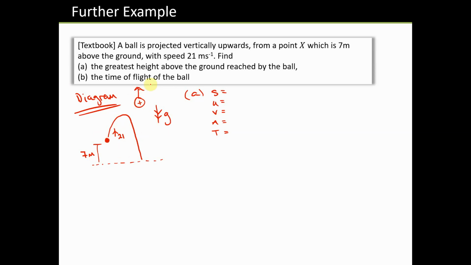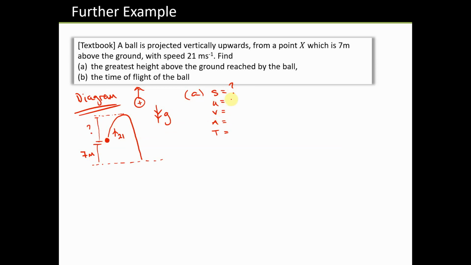values because of that. So for part A, we're trying to find the greatest height above the ground it reaches. So we're actually trying to find how high it gets here, so what that value is. So we're wanting to find its displacement.